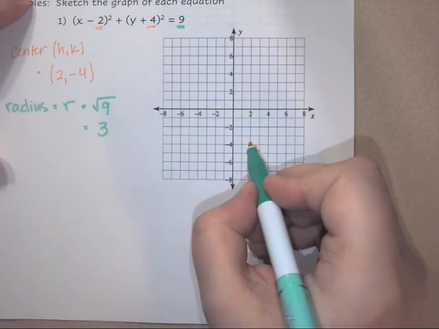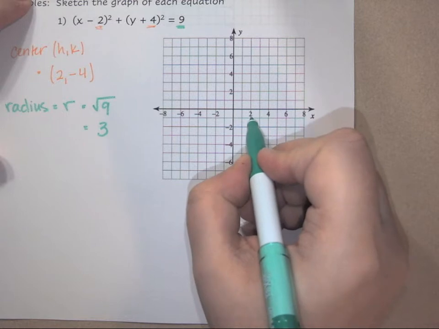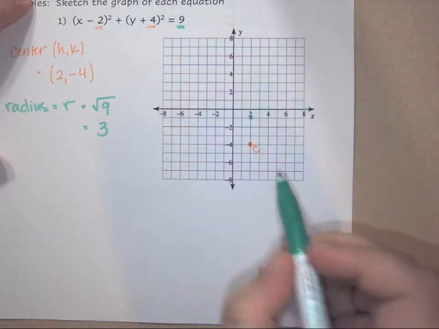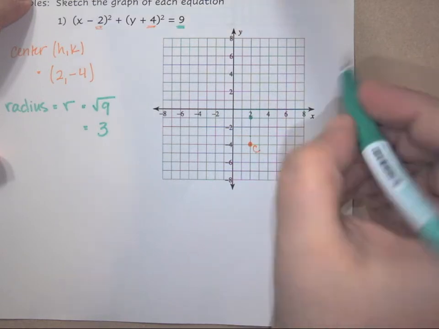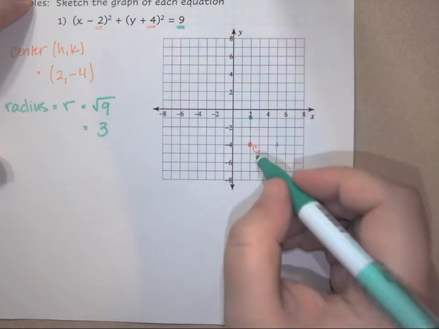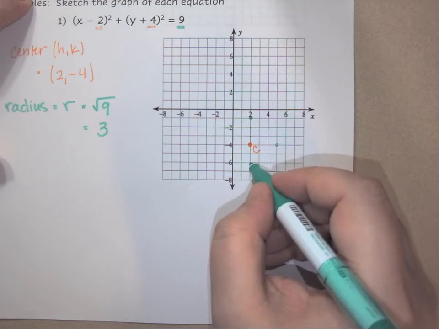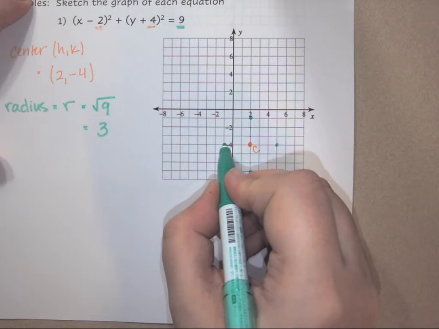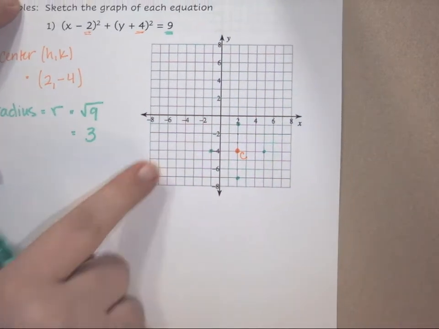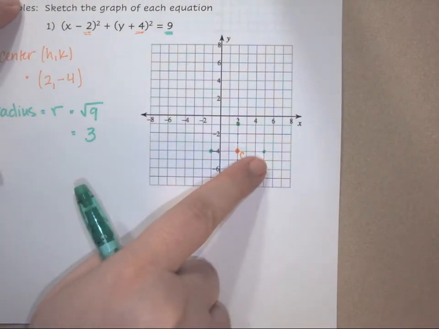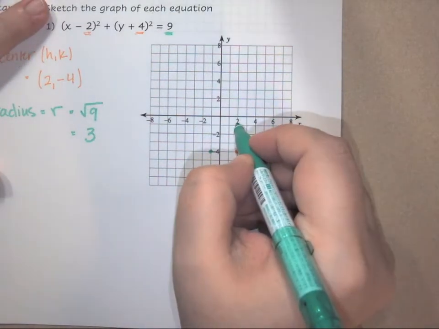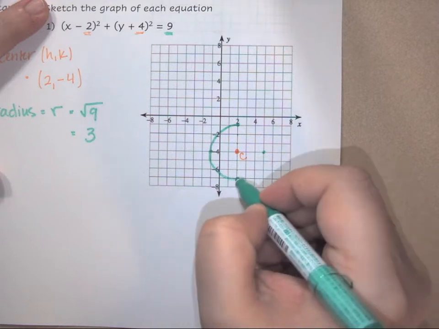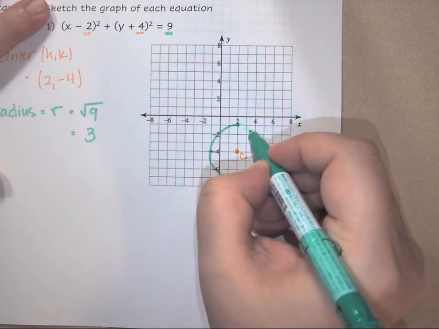So here we're going to start at the center and count up 1, 2, 3, and I'm going to put a little dot up here as a guide. Then I'm going to go back to center and go down 1, 2, 3, back to center and go to the left 1, 2, 3. So I have these 4 points now around my circle, and all I'm going to do is connect these dots as best as I can.